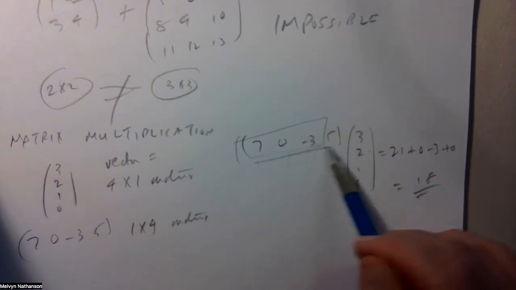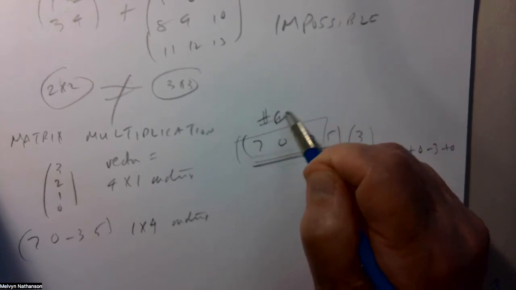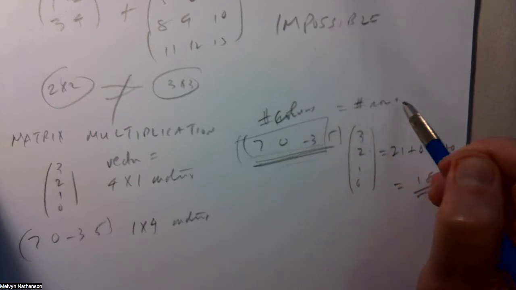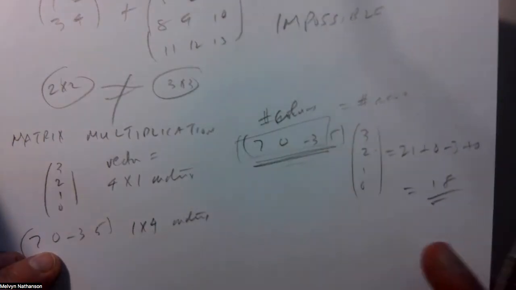And again, the important thing here is the number of columns on the left equals the number of rows on the right. And that is the condition for matrix multiplication.